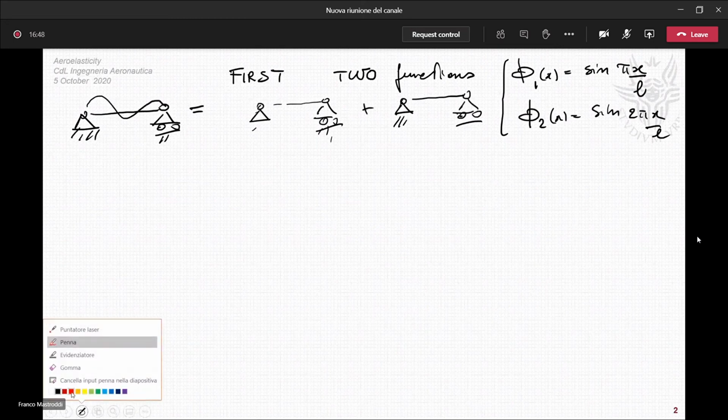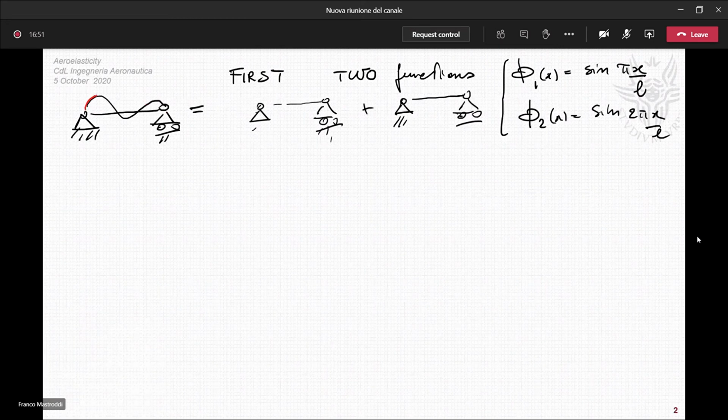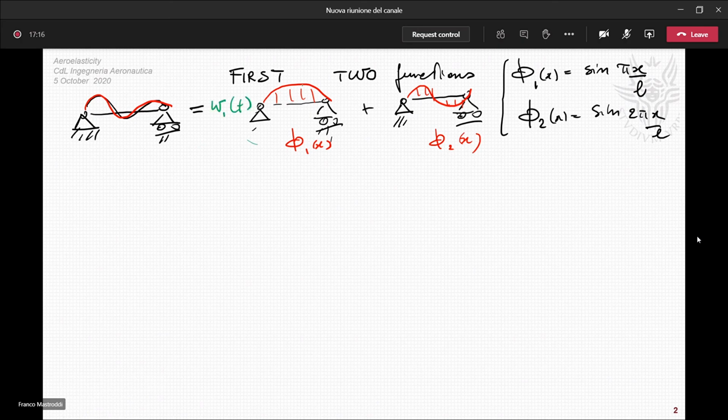You are currently combining this generic function like a summation of this plus this. This is phi1, this is phi2, and here you have W1(t) and W2(t) as new unknowns, and this is W(x, t), and this is equal, almost.